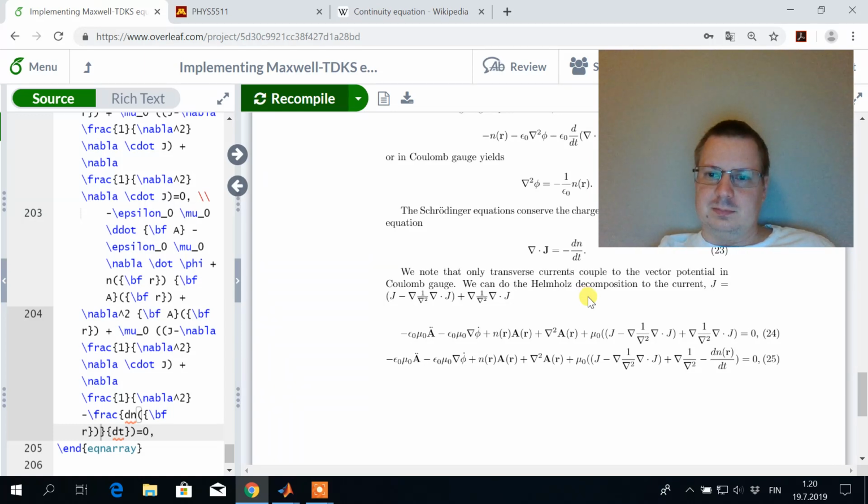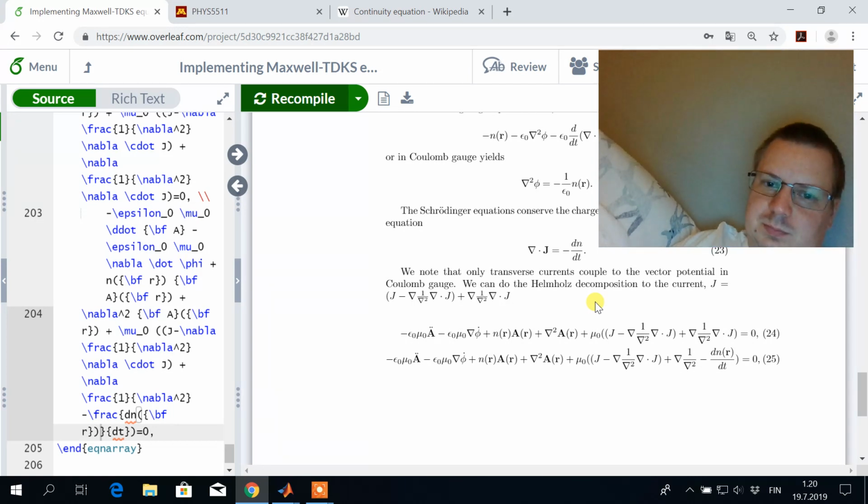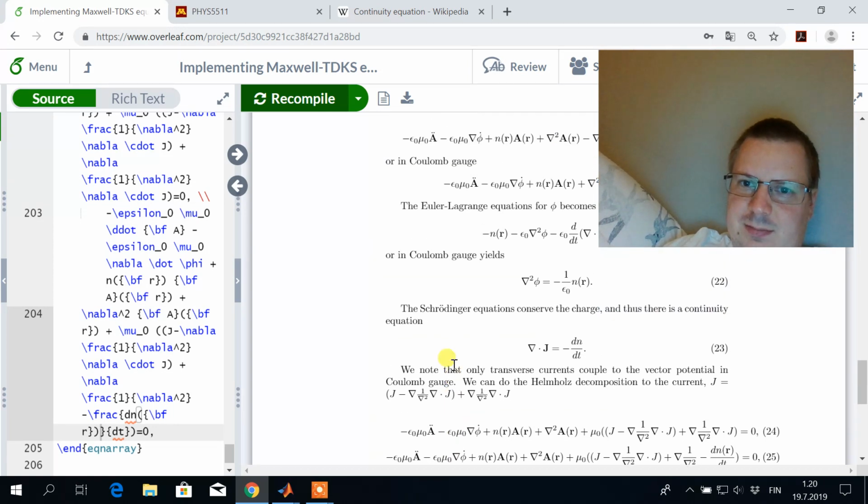And then I can use the Laplace equation. So we already in Coulomb gauge know this. So we take the time derivative of this. So nabla squared phi dot equals 1 over epsilon 0 n dot.